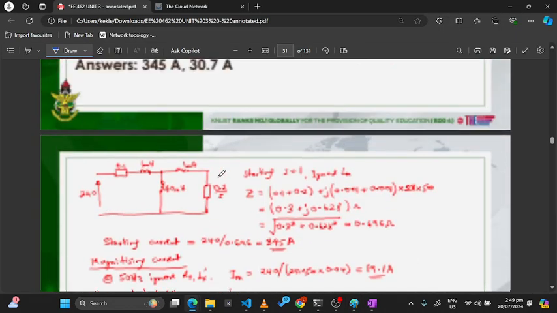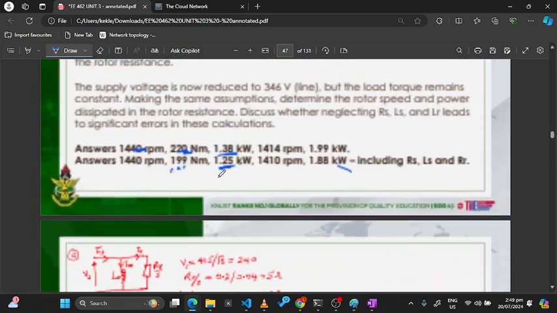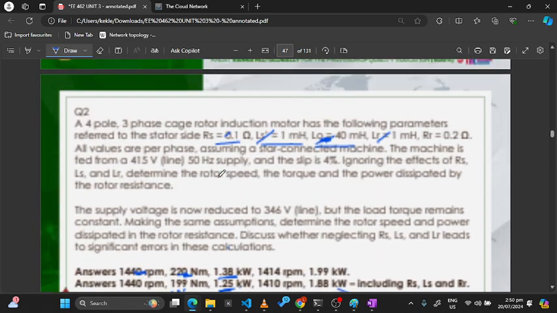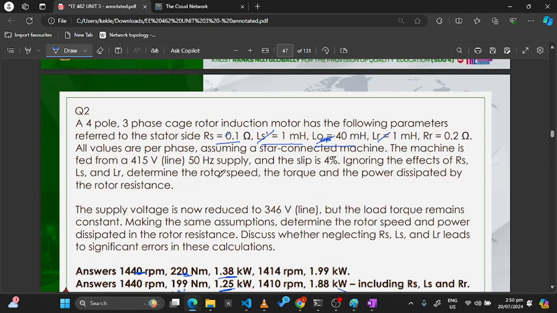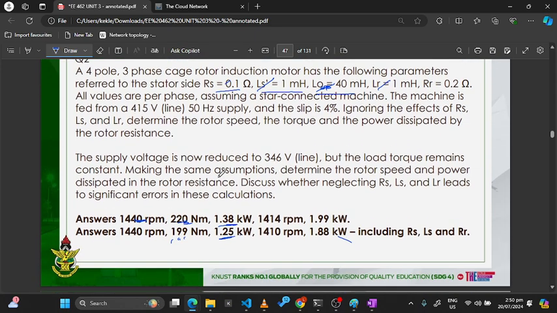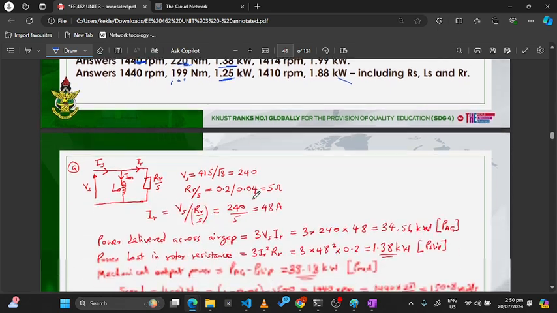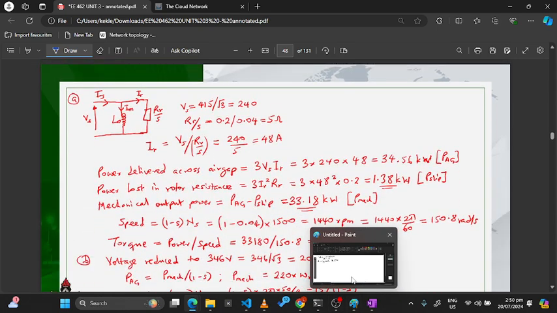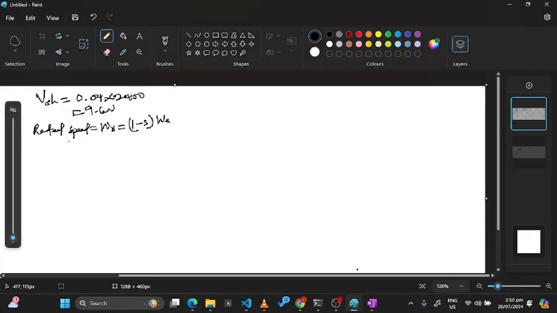So let's go back to question 2. What's the slip we're given? The slip is 4%. So if the slip is 4%, what will be the rated speed of the motor? It's omega R equal to 1 minus 0.04 times 1,500.